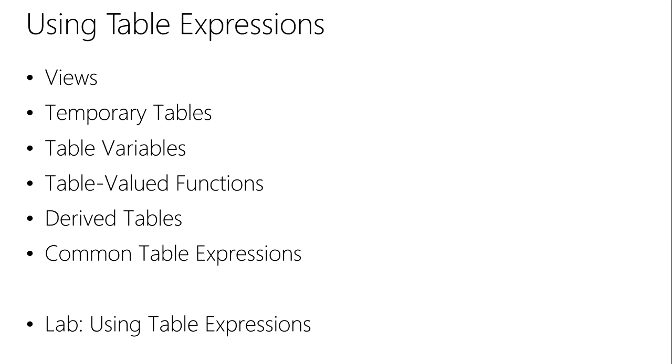We saw table variables, which are in some ways a more efficient alternative to using temporary tables, but they do have that consideration that they're defined at the scope of the batch. So as soon as the batch of statements goes out of scope, we lose the variable. We saw table-valued functions, where you define a function that could accept a parameter and then returns a table, and then we can query that as if it were a table.